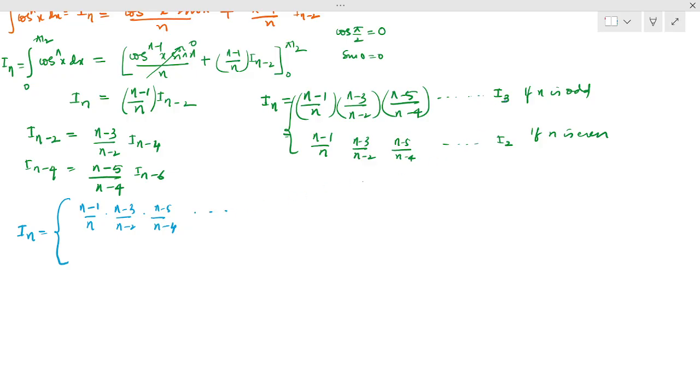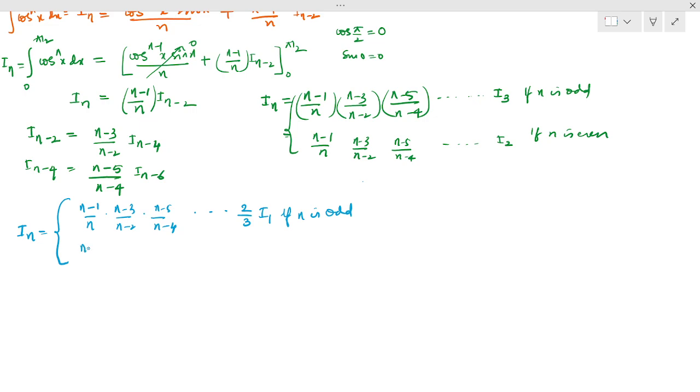I want to find out the value of I3. Substitute here n is equal to 3, I3 is (3 minus 1) divided by 3. 3 minus 1 is 2, divided by 3 into I_(3 minus 2), which is I1, if n is odd.